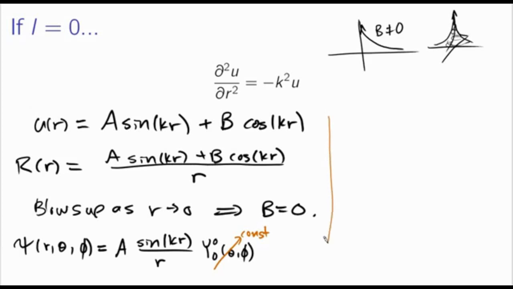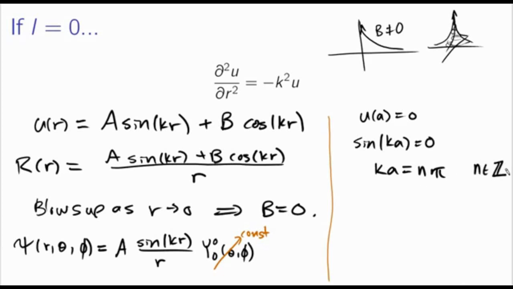So if you think about the boundary conditions now, u of a equals 0, the only way that this part here, sine kr over r, can ever be 0 at r equals a is if sine of k times a is equal to 0. This is very similar to the analysis we did when we were talking about the particle in a box. This means ka is going to be equal to some integer n times pi, where n is an element of the integers.